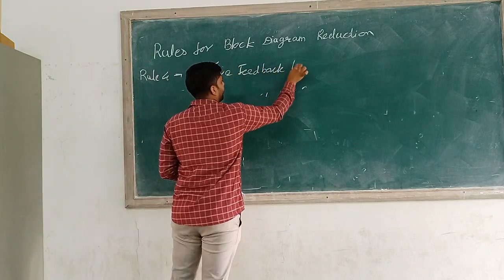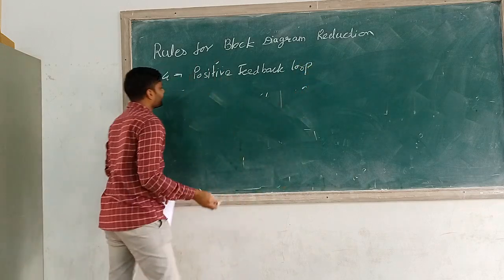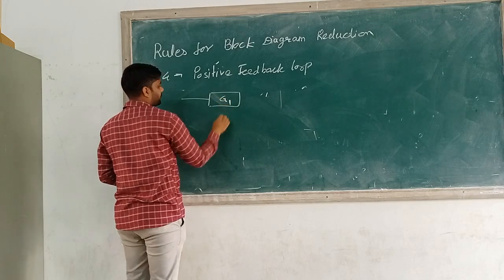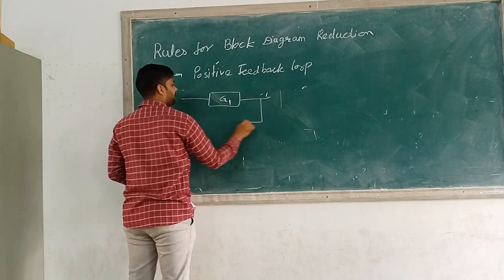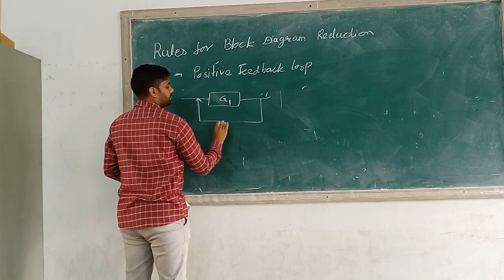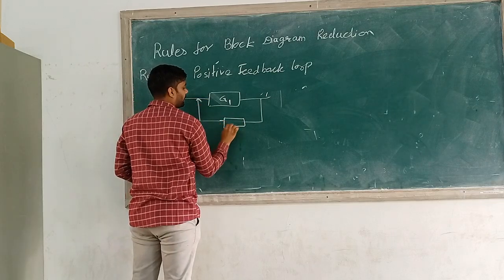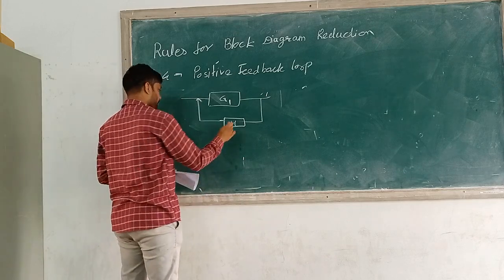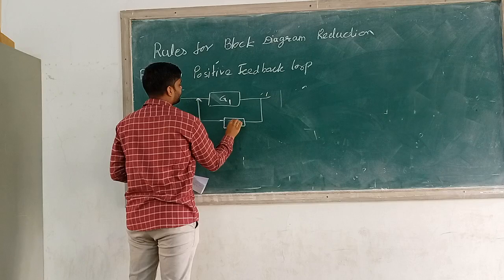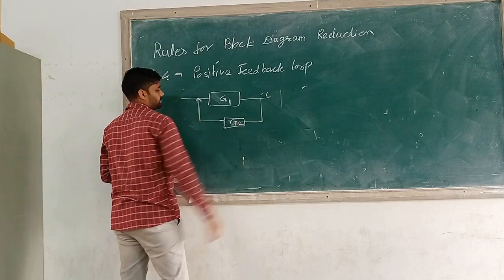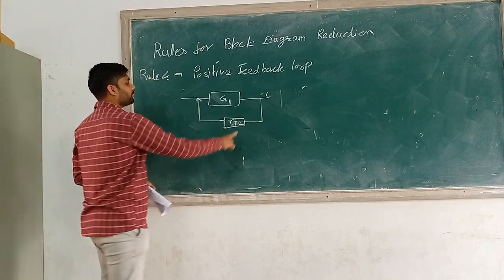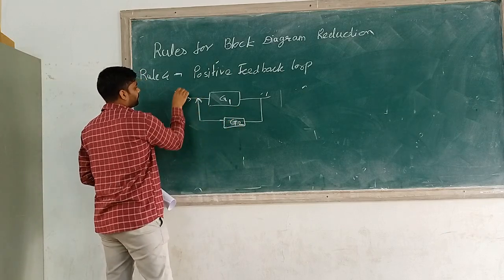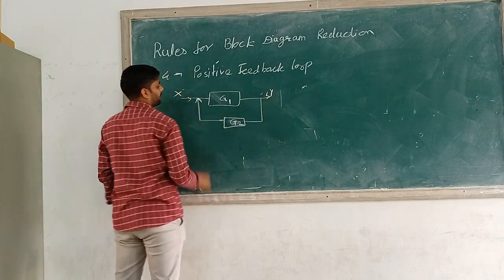So positive feedback means here it has a block G1, the first function G1, and here it has a feedback loop having function H. Now we again consider this feedback loop as G2. Sometimes in numericals the feedback is denoted by H, but here for practice we are going to call it G2. Why are we calling it a feedback loop? Because it has a reverse direction. This is input X and this is the output Y.